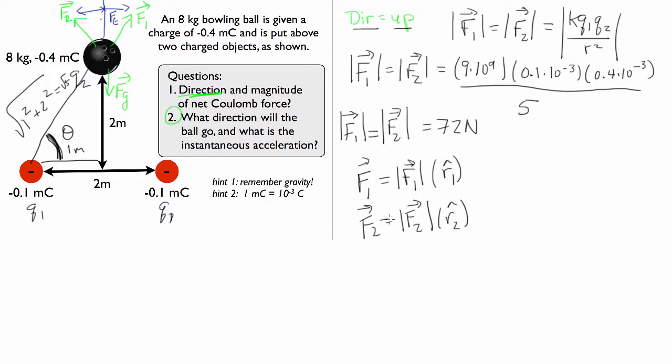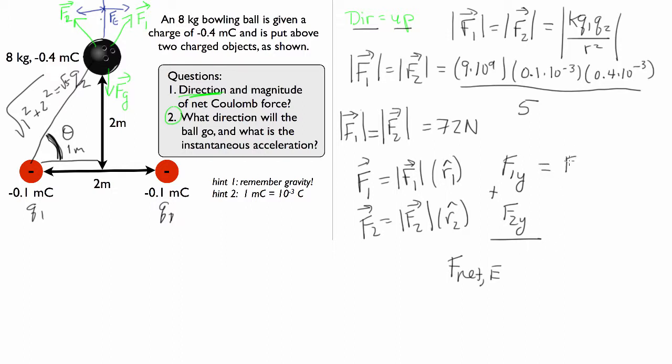Right, so these would be the individual forces, but the way that they conspire is to give us only y direction. So what we really care about is what is F1 in the y direction, what is F2 in the y direction, and it's the sum of those two that gives us the net electric force, because that's the only thing that points in the y direction. So what is F1 in the y direction?